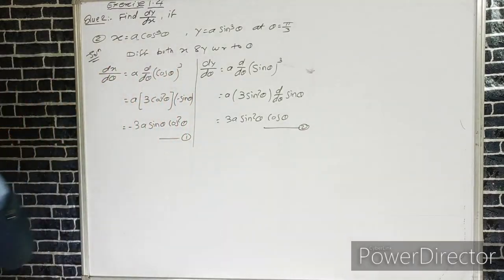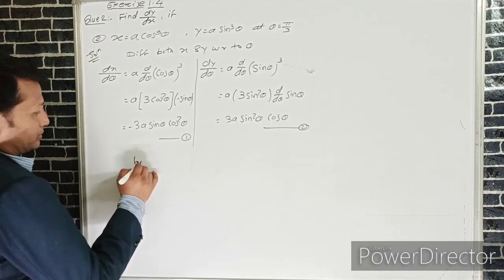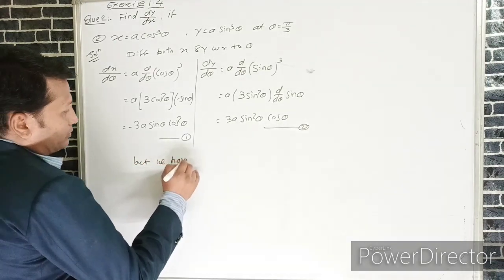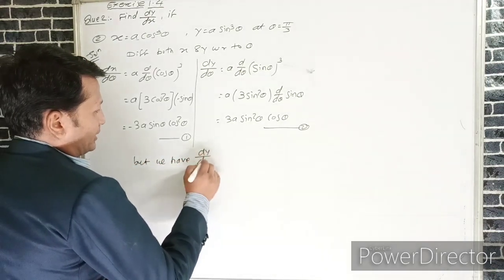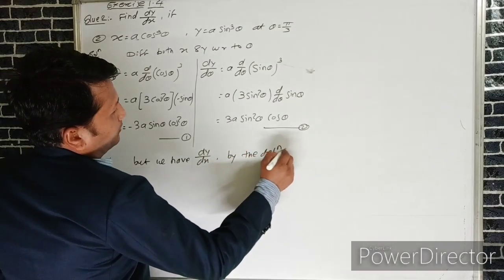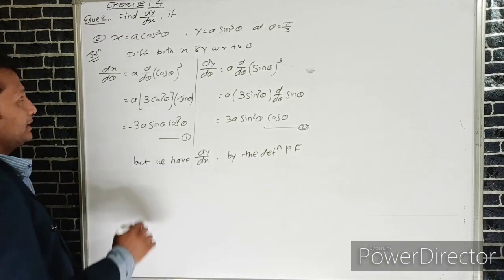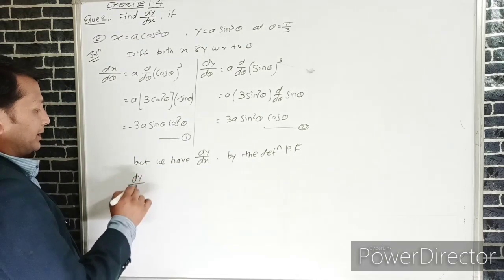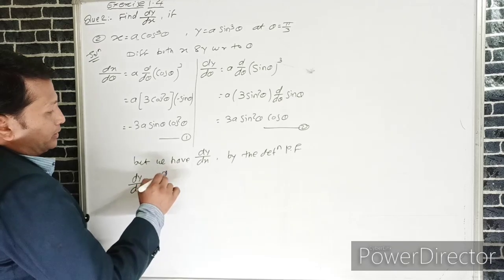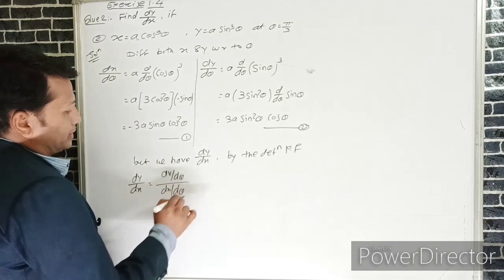But we have to find dy by dx. Therefore, by the definition of parametric function, we can write dy by dx is equal to dy upon d theta upon dx upon d theta.